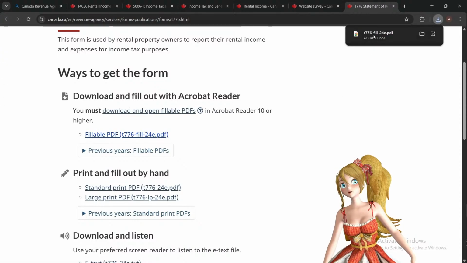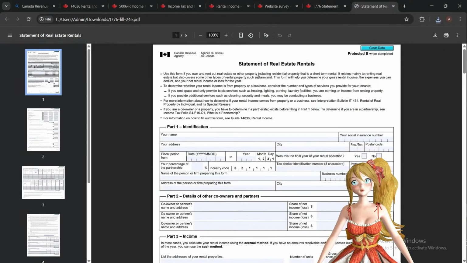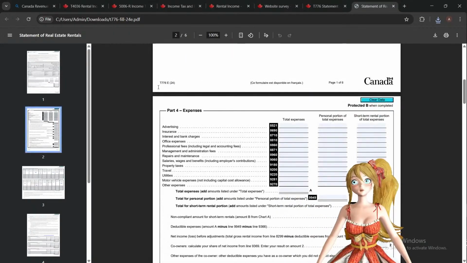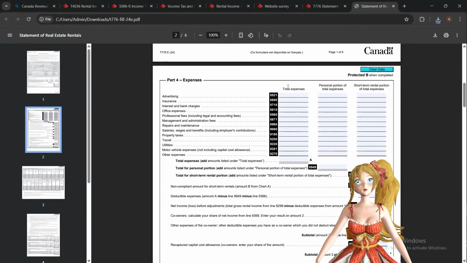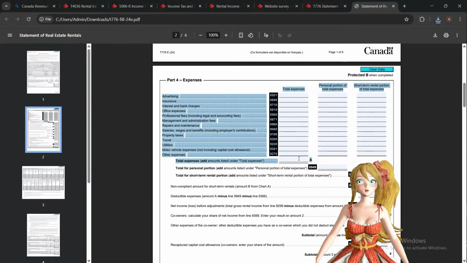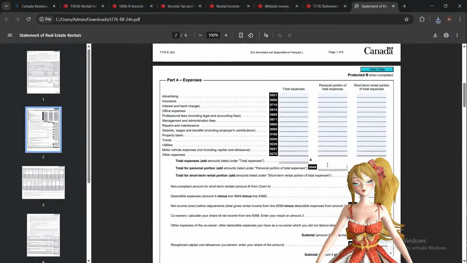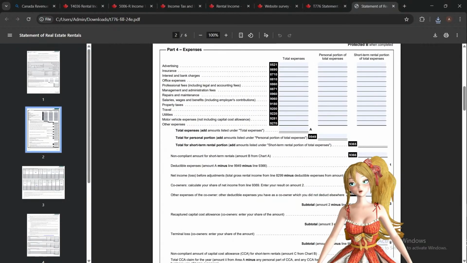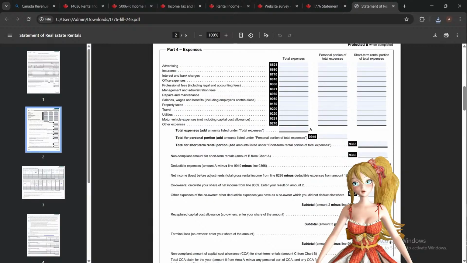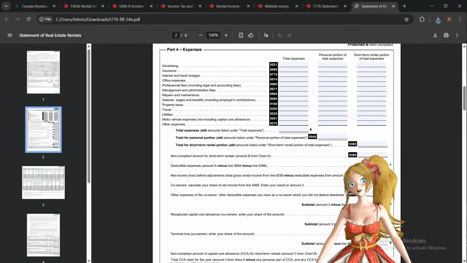Download, share, let's look at this form. Okay, so blah, blah, blah, all my personal info, expenses. Okay, so total expenses, personal expenses, rental portion, deductible, net income.